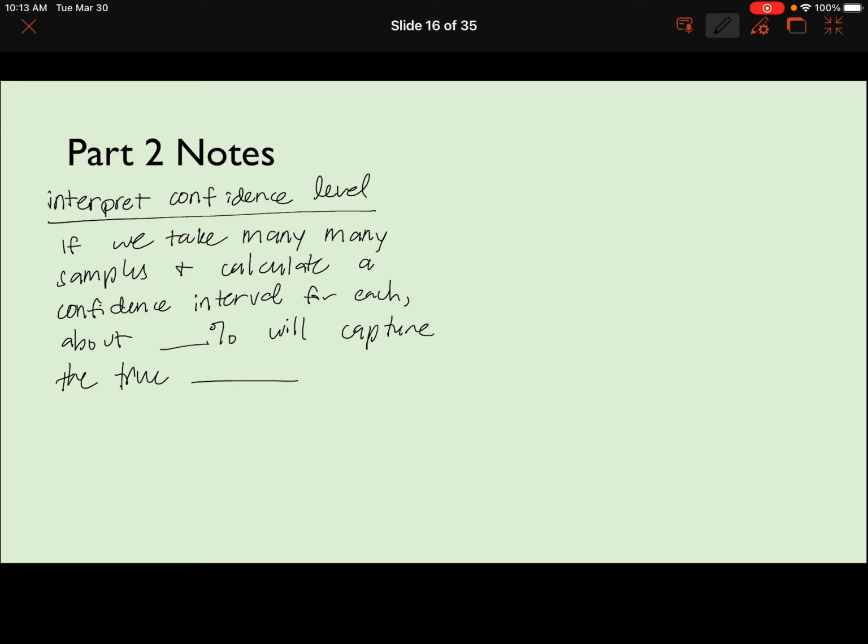And either we're going to be talking about proportions or means in context. Okay, and that's the main idea for this, and there are a couple other little details.